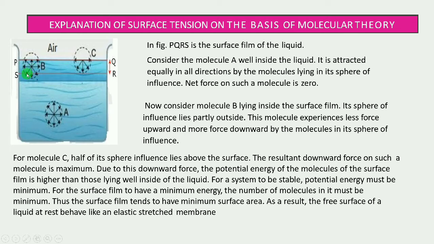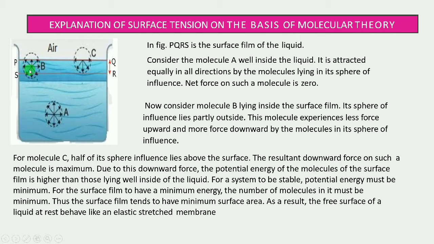So this molecule B is again attracted by the neighboring molecules, okay. If you draw the cohesive force vectors for molecule B, here we observe all these components, like this component cancels this component, cancels this component.